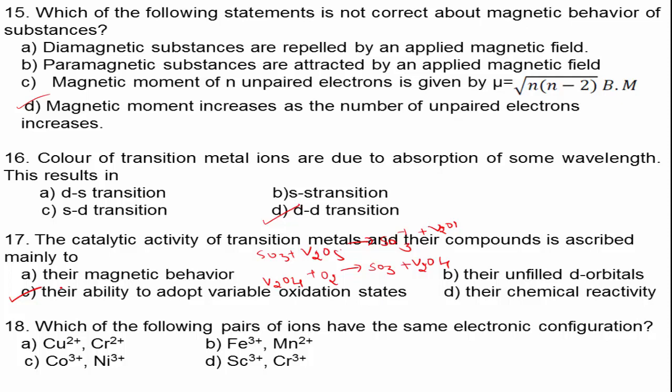Which of the following pairs of ions have the same electronic configuration? Options: A, Cu2 plus, Cr2 plus; option B, Fe3 plus, Mn2 plus; option C, Co3 plus, Ni3 plus; option D, Sc3 plus, Cr3 plus.